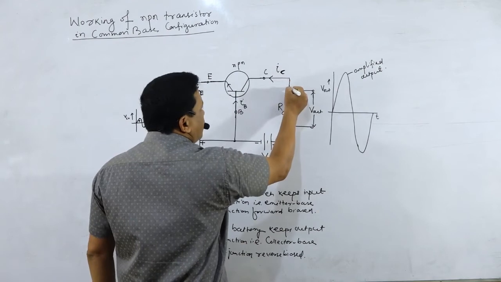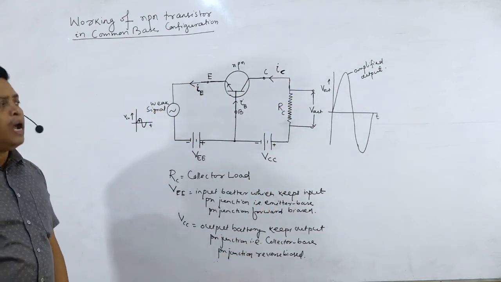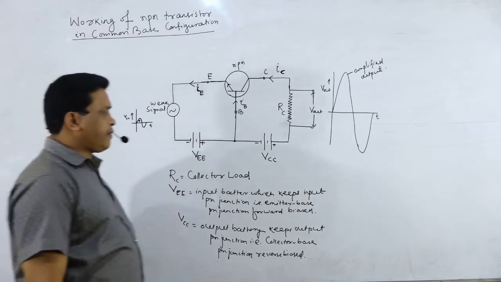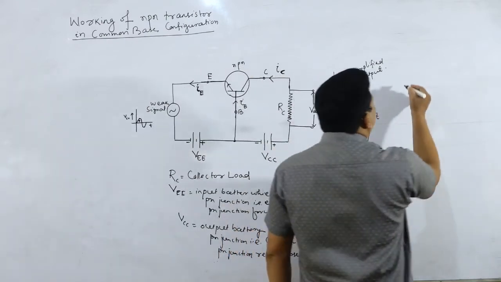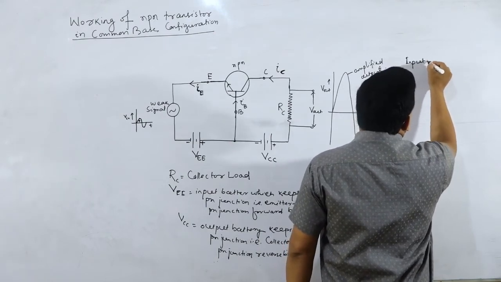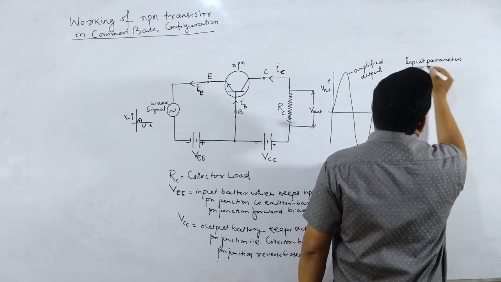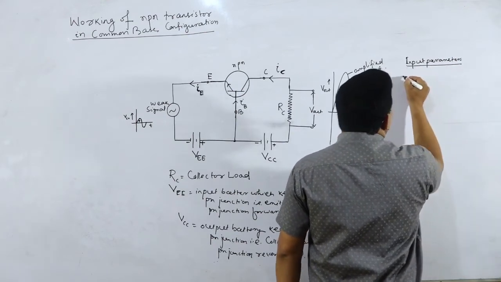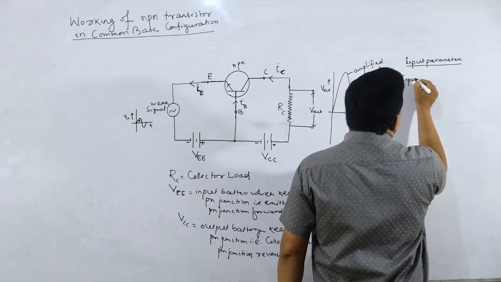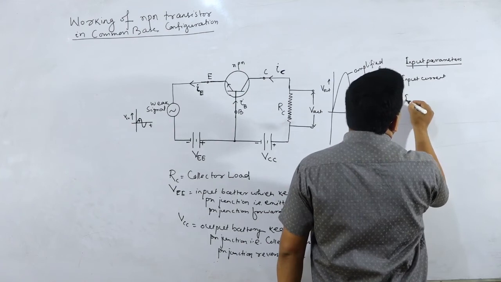Now let us see what are the input and output parameters. Input parameters mean input current and input voltage.